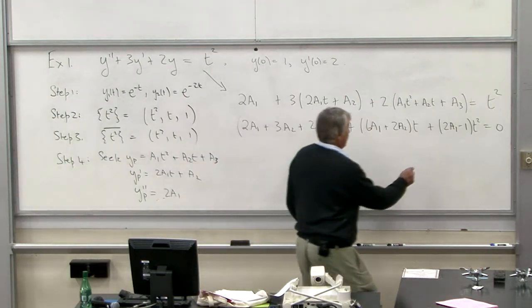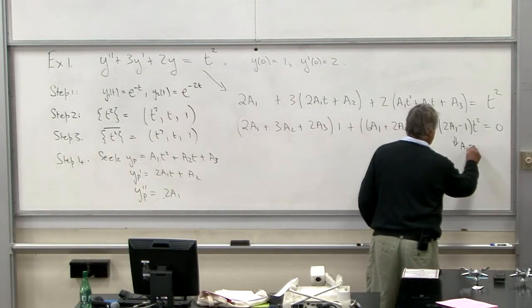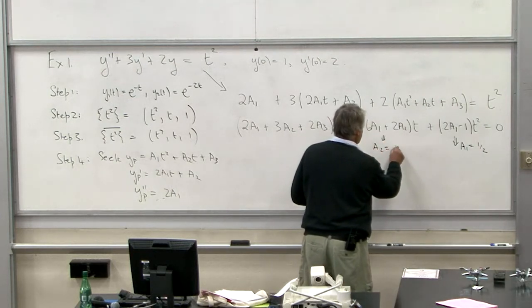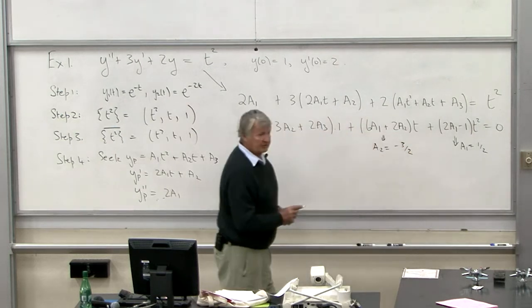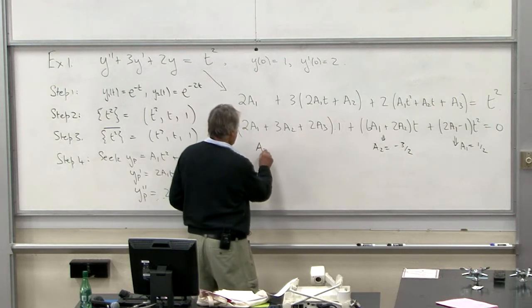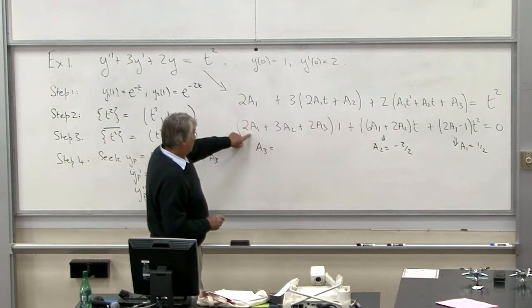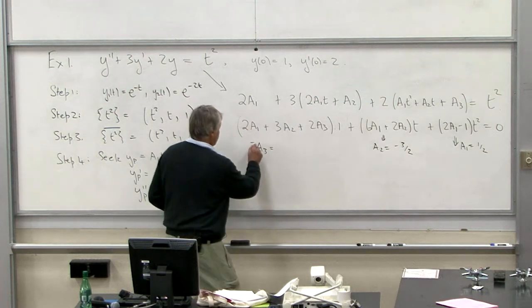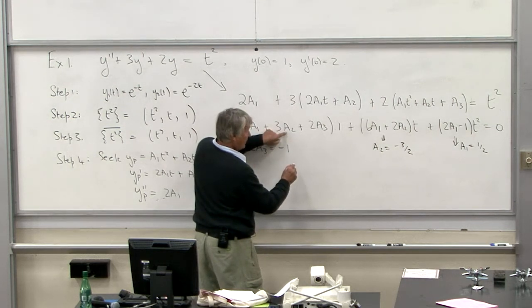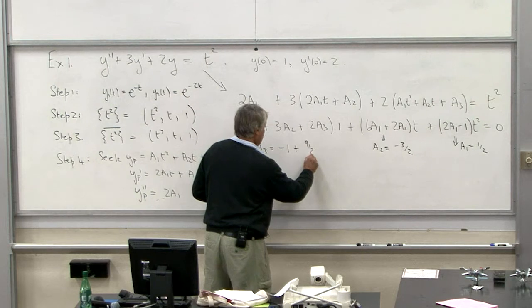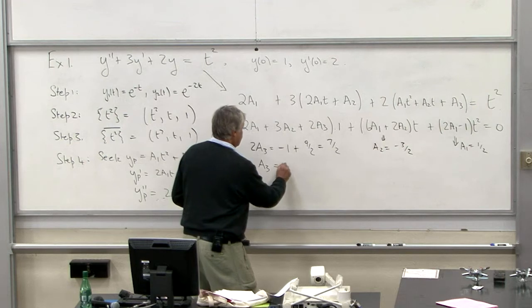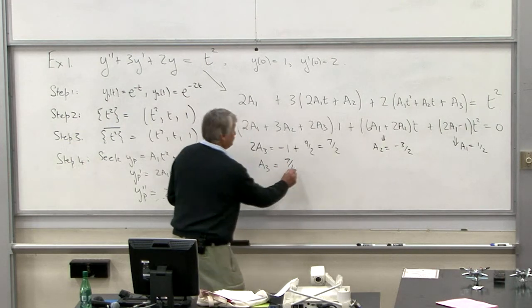So, this implies a1 is a half. This implies a2 is minus 3 halves, from 2a2 plus 6a1. And then 2a3 is minus 1 minus 3 times a2, which is plus 9 over 2, which is 7 over 2. So a3 is 7 over 4.